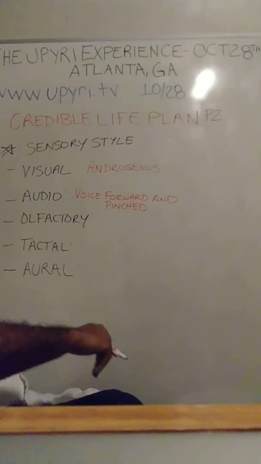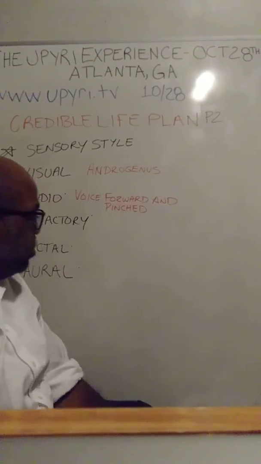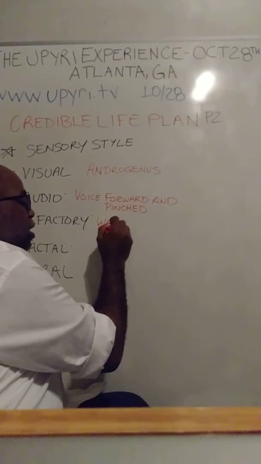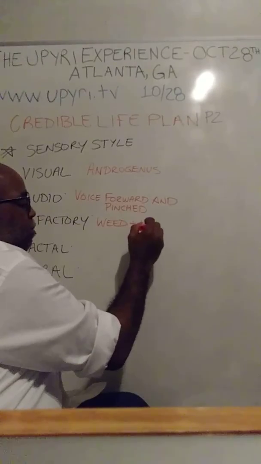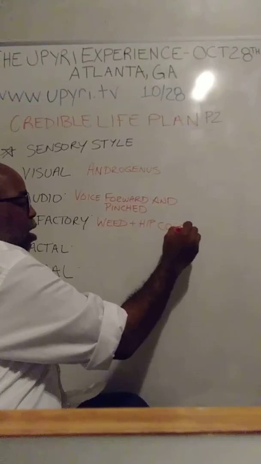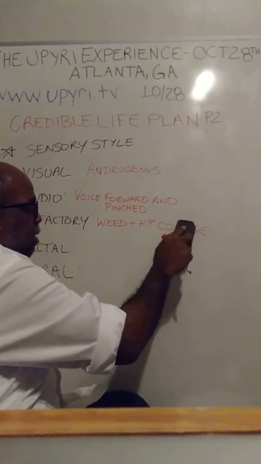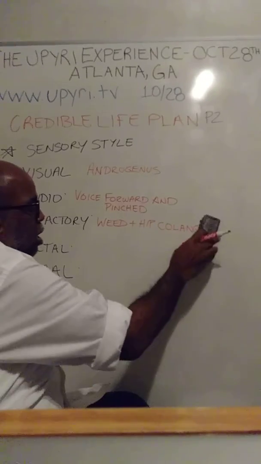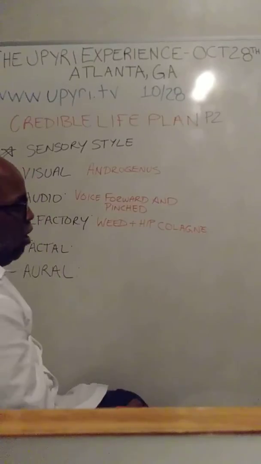Olfactory has to do with sense of smell and taste, and so when you come upon him, generally he smells like weed, and then whatever the hip cologne is. And I don't know how to spell cologne. There's probably an A in there, actually. I think I'm close.